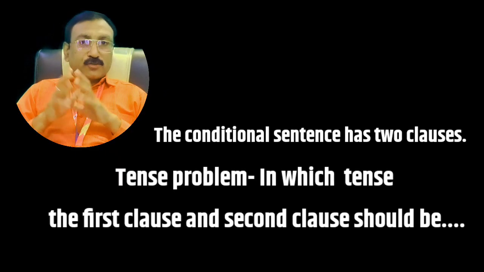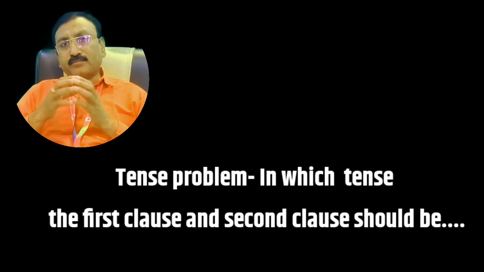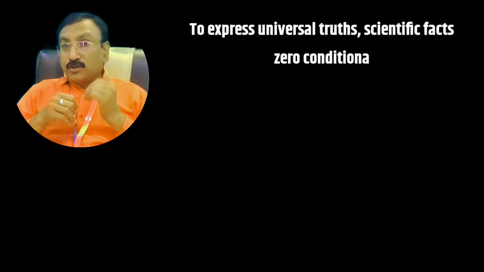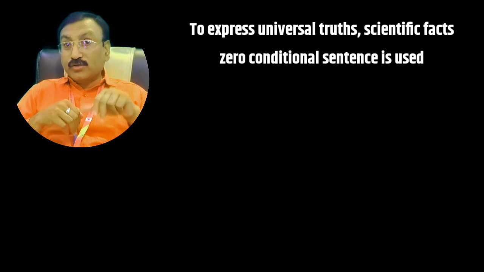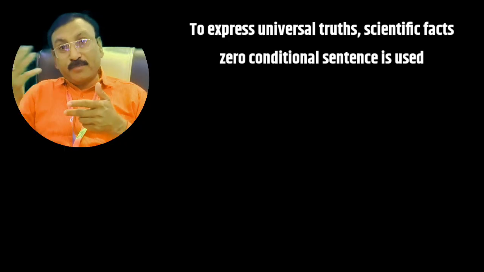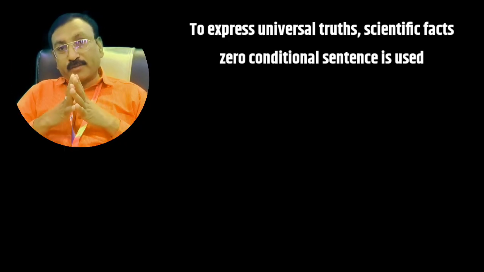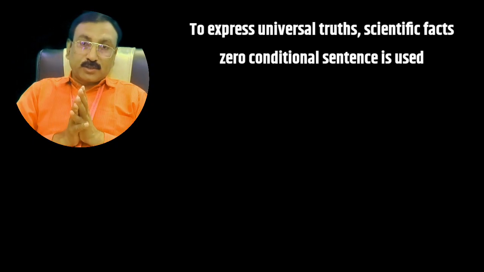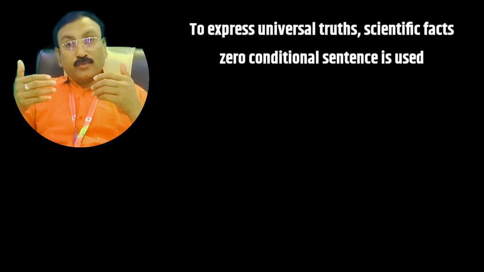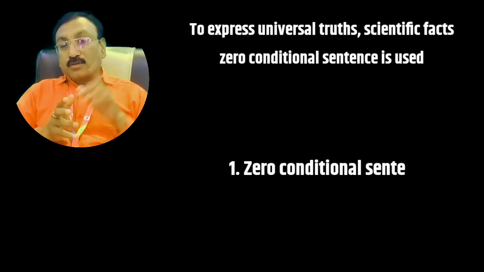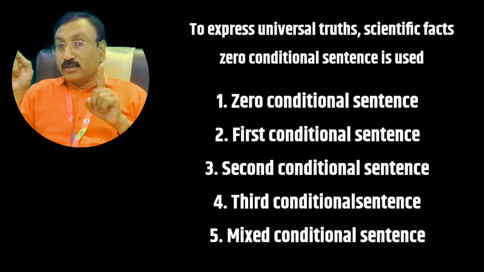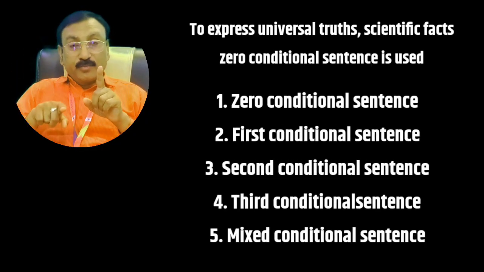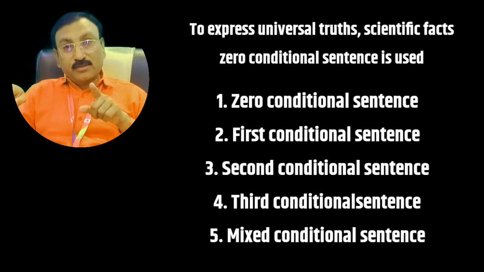Students, it's very easy. See, when we need to express universal truths or some scientific facts, at that time we have to use the zero conditional sentence. See, there are different types of conditional sentences. The first type is the zero conditional sentence. The second type is the first conditional sentence.